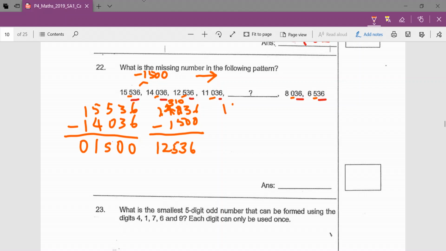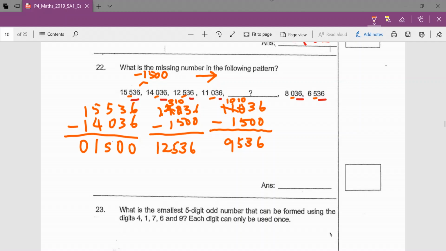So I can just use my 11,036 minus 1,500. I will get 6, 3. This one I have to borrow. The 11 I borrowed becomes a 10. 10 minus 1, I will get a 9.